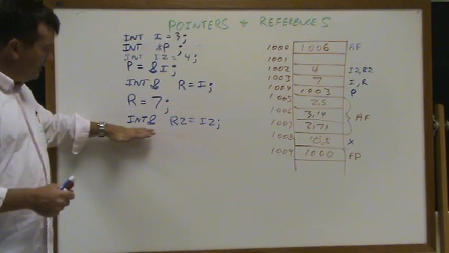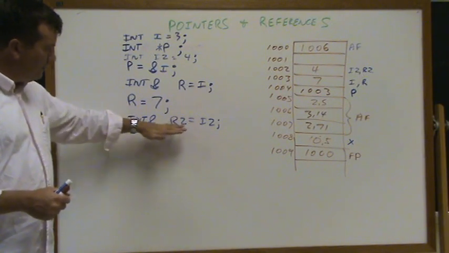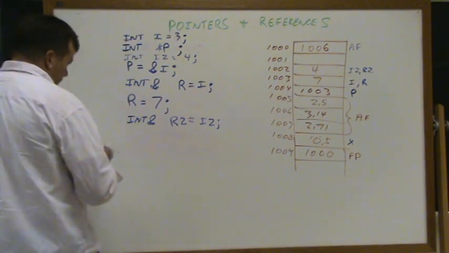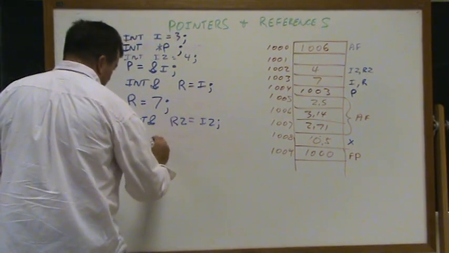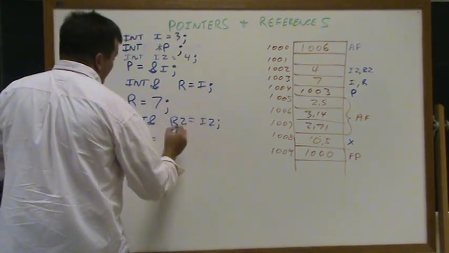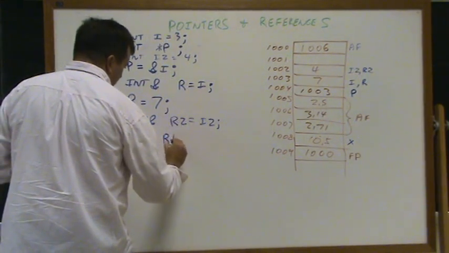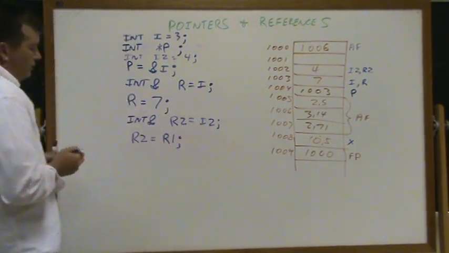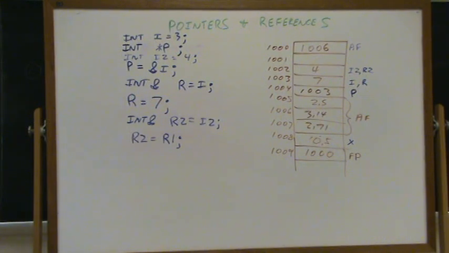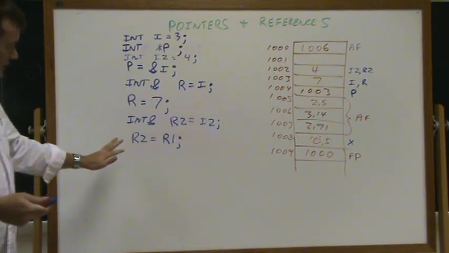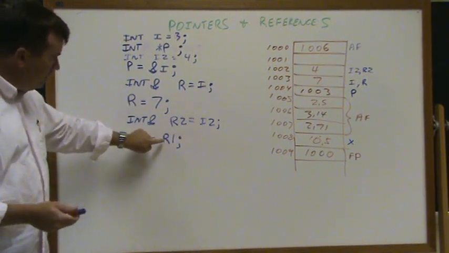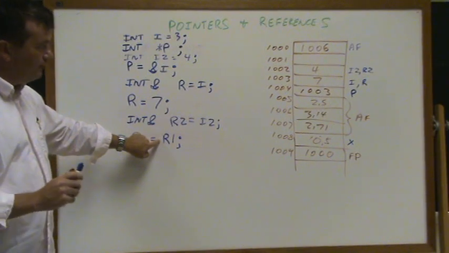And let's say we decided to have R2 now equal something else. Suppose we decided to have R2 equal R1. What would that do? If you're familiar with Java and C Sharp, it's going to do something different than what you're used to. What's going to happen here is the contents of R1, whatever R1 is referring to.